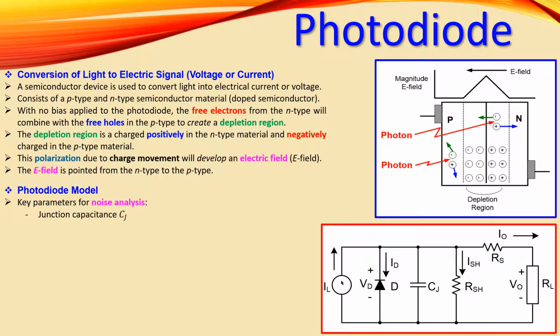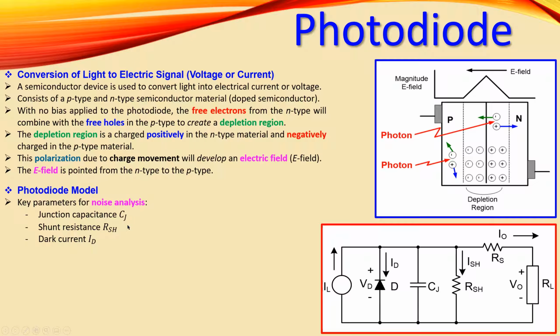We have the junction capacitance, which is the capacitance between the P and N type material, formed by those two elements. We also look at the shunt resistance, which determines the resistance between those two elements. And we have also the dark current, which is the current flowing in this material if you don't have any light applied to it.